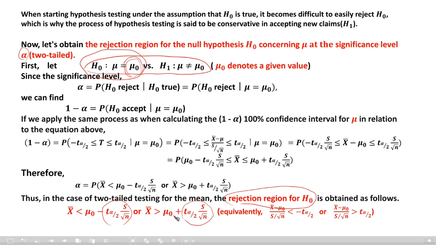Why? Because this value, less than mu zero minus t alpha over 2 times s over square root n, is a little far away from the reference value mu zero. Understand it? Okay. If the sample value is that far from mu zero, then there is a significant difference.